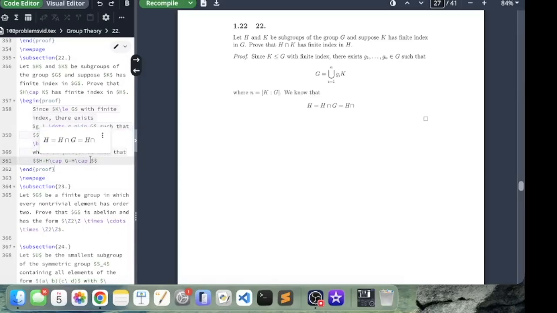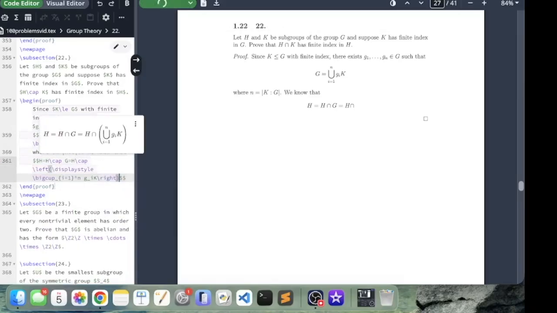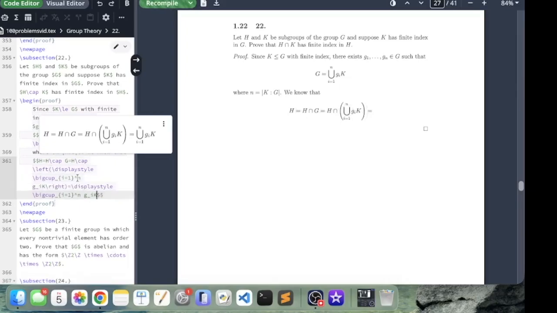So we're taking H and we're intersecting it with a union. Well, we can write this as the union of the intersections, like so.